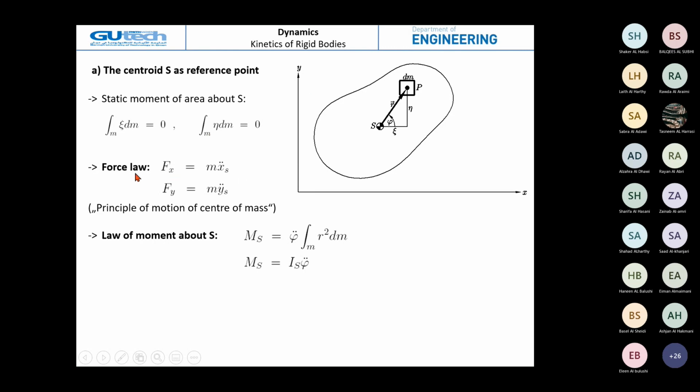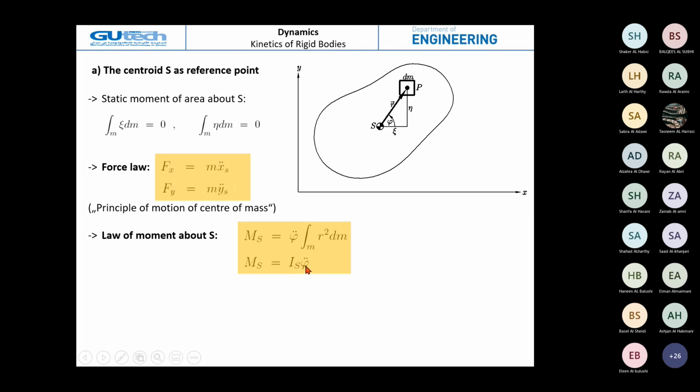The force law, now, we take the force law at the center of weight S. This is noted by the mass multiplied by the acceleration in the x direction at this point S. The same for the y direction: the mass multiplied by the acceleration in the y direction at point S. Now the law of moment about S is M_S equals φ double dot times the integral of r squared dm.